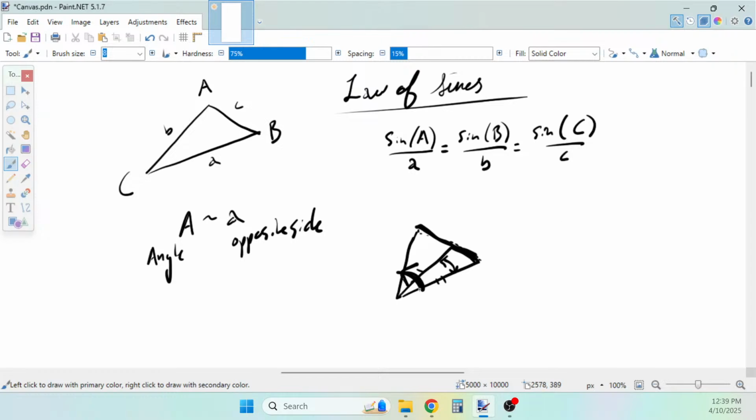As the angle grows, the opposite side will also grow. So when we look at this fraction, as the angle gets bigger, the sine will also get bigger until we hit 90 degrees, and the length of the opposite side will also grow. That keeps this balanced so that this fraction continues to equal these even as the angle and side are changing.